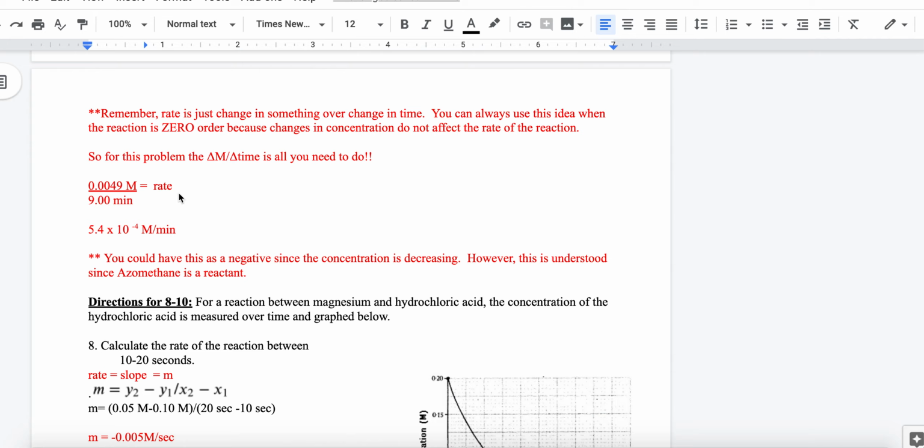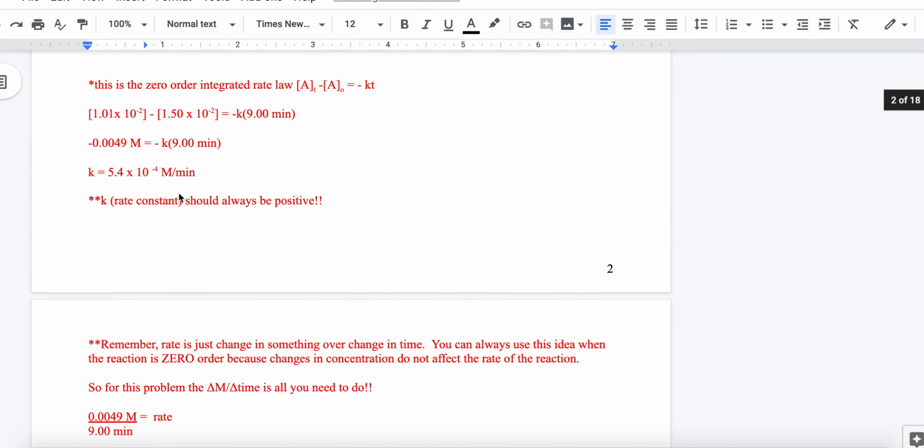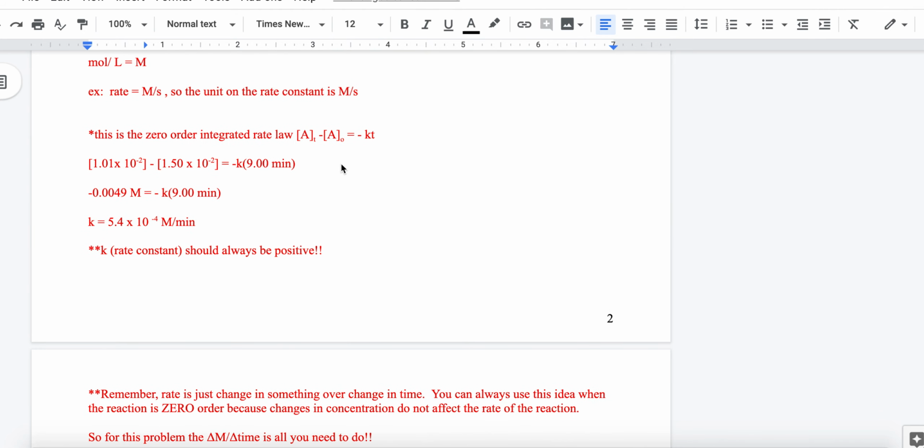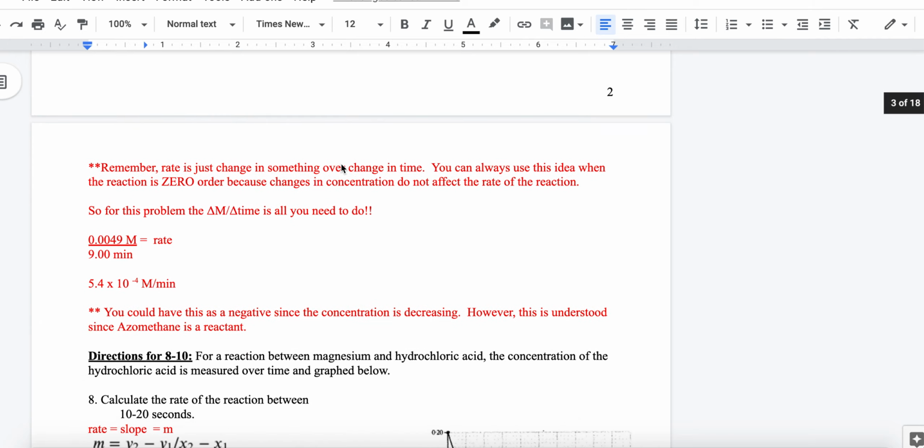They are essentially the same thing. The only thing that the zero order integrated rate law reminds you is that the K, the rate constant, is the rate in this case. Remember, when zero order reactions are present, the rate is equal to K.